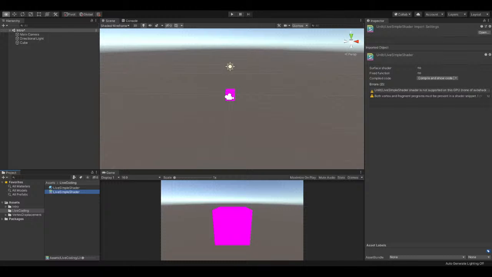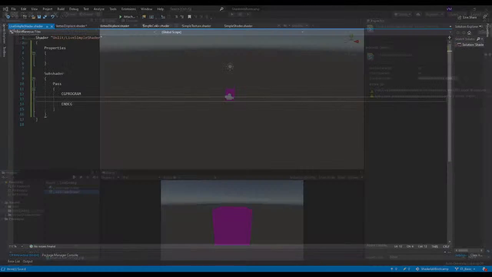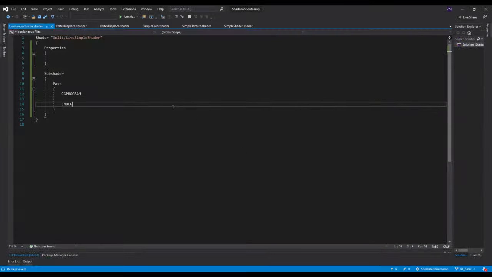Now that you know this much data from our previous slides, you can actually debug the shader, which means we say that we want to have a vertex function.